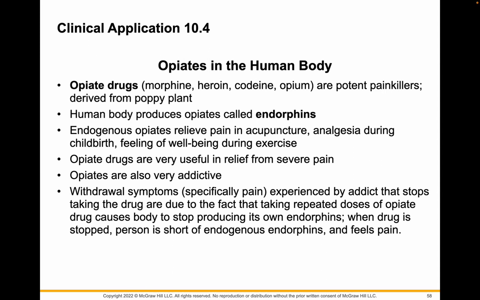We have our own opiates called endorphins, and endogenous opiates relieve pain in acupuncture, so they cause you a little bit of pain, and that gives you some opiates. Analgesia during childbirth happens, a feeling of well-being during exercise. You're releasing endorphins all during those activities. So opiate drugs are very useful in getting rid of the pain, and so it is addictive.